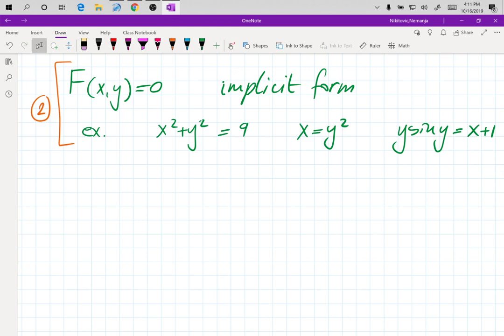It is actually a procedure. There are no formulas for this one. It is a rule which uses the chain rule, which says that every time you are taking the derivative with respect to a variable, you will write the chain rule. So let's say you take the derivative of x with respect to x, you will write dx over dx.